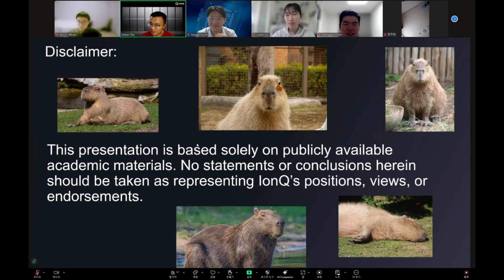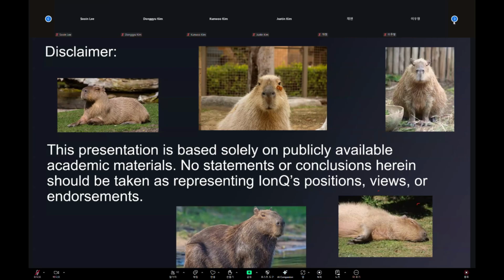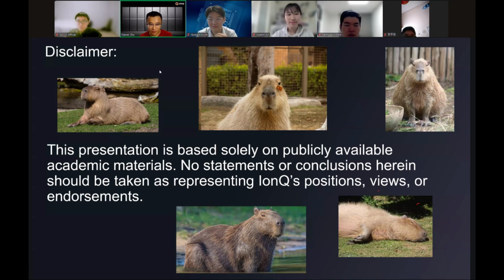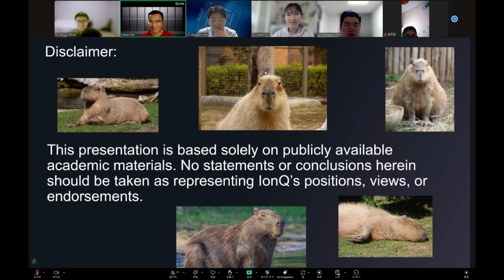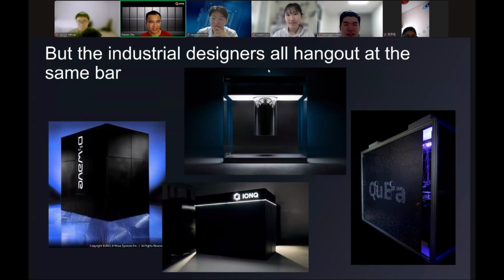All the material in the presentation is pure academic material. I just know them and would like to share them. None of them is a secret message from IonQ. So please don't let my presentation inform your decision of buying the stock or not. It's not good. No secret, no secret. Just chill, like one of those animals. Just chill, enjoying. Okay.